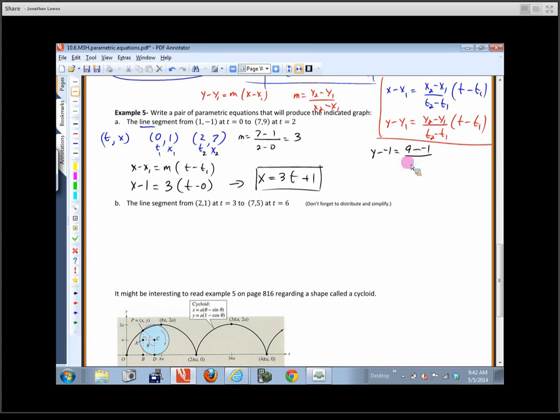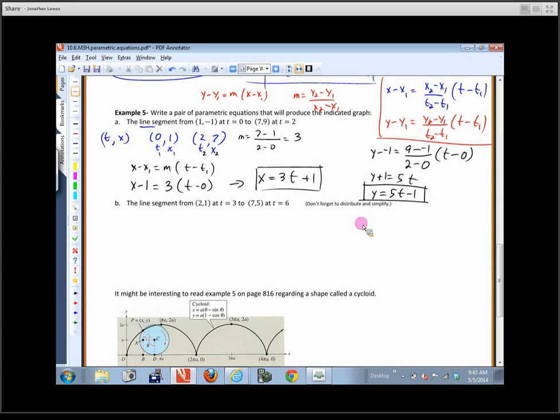And then t2 is 2, and t1 is 0. And then I write down t minus, what was t1? t1 was 0. Now take a look here. This is going to be a plus 1. This is going to be a 10 over 2, so this is going to be a 5. And that's just going to be a t. So this is going to be y equals 5t minus 1.